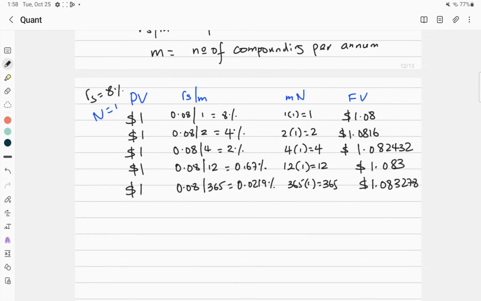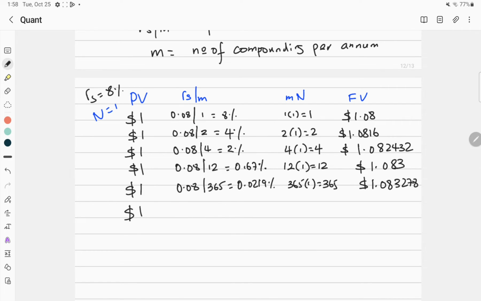Now the last one, after daily compounding, is continuous compounding, right? So let's say we've invested today $1 at an 8% stated annual interest rate, but it's compounded an almost infinite number of times, so compounded continuously within a year. So we can't calculate RS over M, the periodic interest rate.